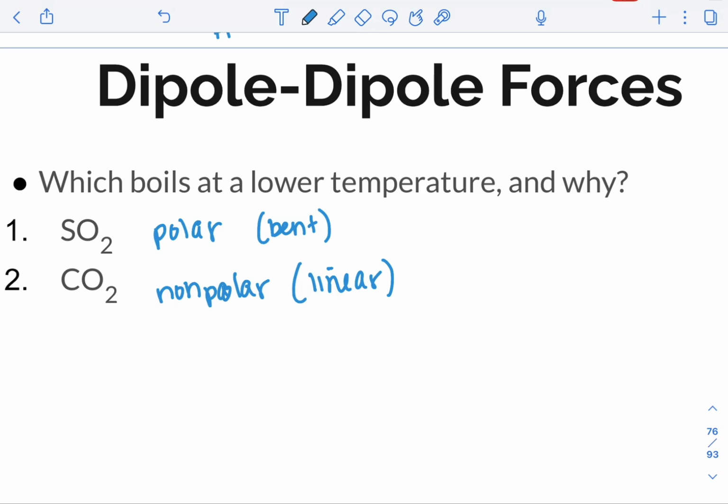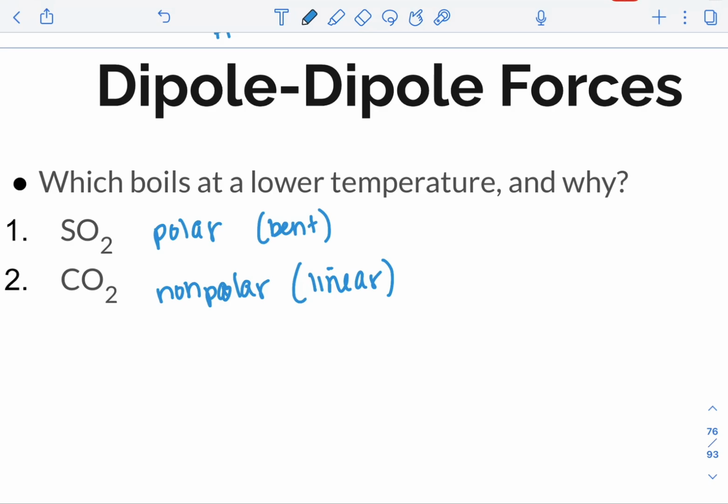So we say SO2 is going to have the higher boiling temperature because it has the stronger IPF, interparticle forces. CO2 only has LDF because it's nonpolar, so it's going to have the lower temperature.